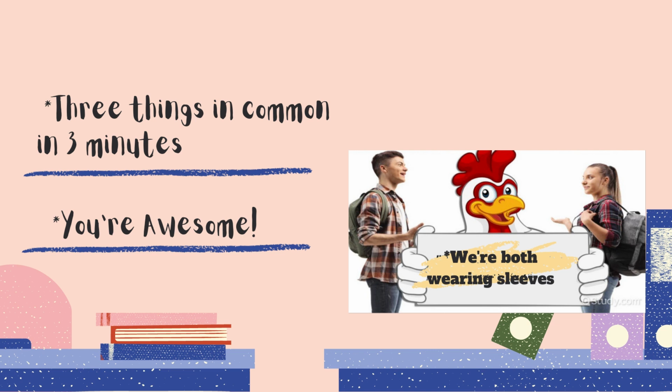For the 3 Things in Common in 3 Minutes, ask everyone to get a partner, preferably someone they don't know well. Each pair has 3 minutes to discover 3 things they have in common. They can't be obvious things one could discover without having a conversation.